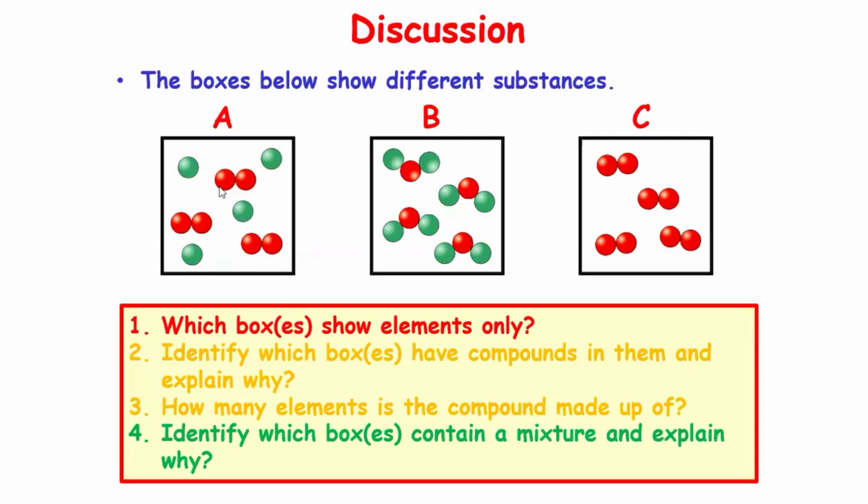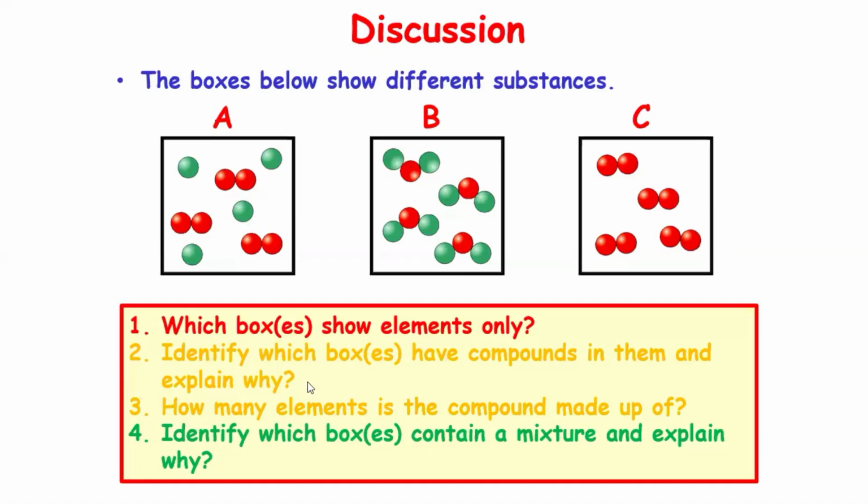So box A definitely shows elements, 2 different types of elements. Box B does not show any elements because this molecule is made up of 2 different types of atom. Box C also shows an element because you've got the same type of atoms.